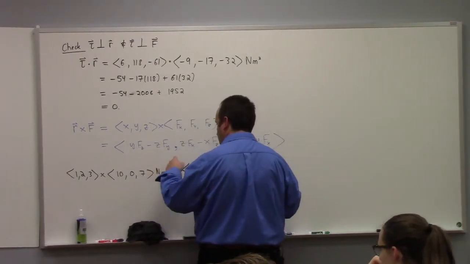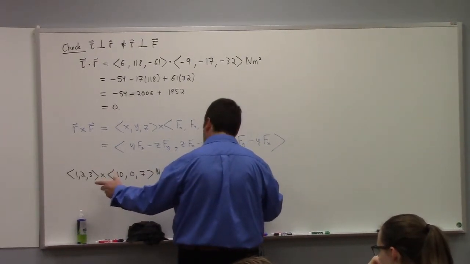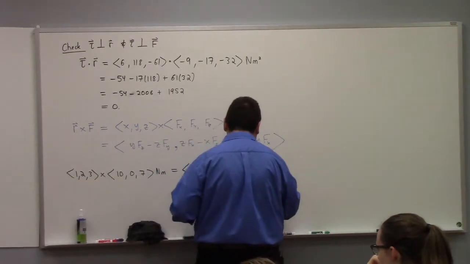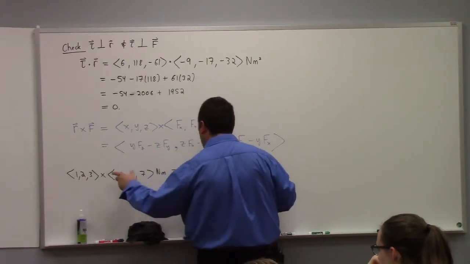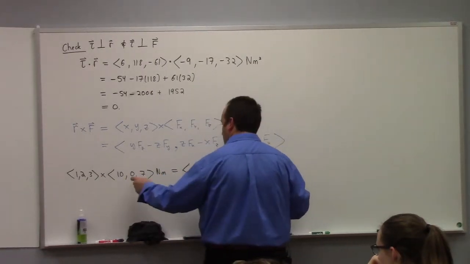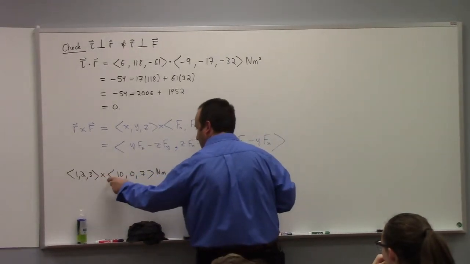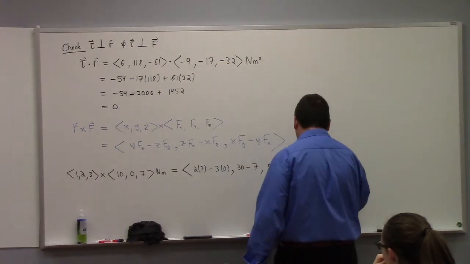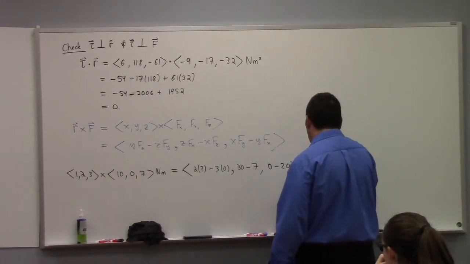And ZFX would be 30, and then XFZ would be minus 7, and XFY would be 0, and YFX would be minus 20. And of course the units would be Newton meters.